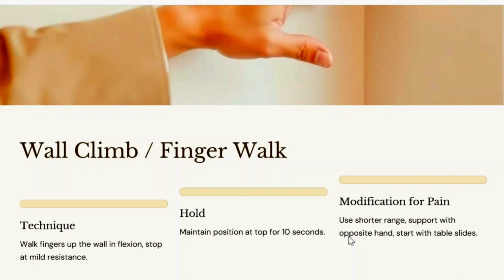Start with table slides, as it depends on your patient, okay? Modification is always depending on your patient. These are the standard, okay? You can modify any of the movements related to your patient's tolerance, basically your patient's comfort, okay?